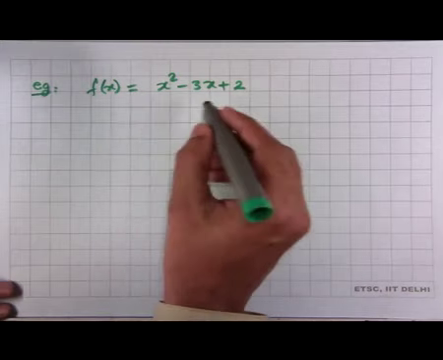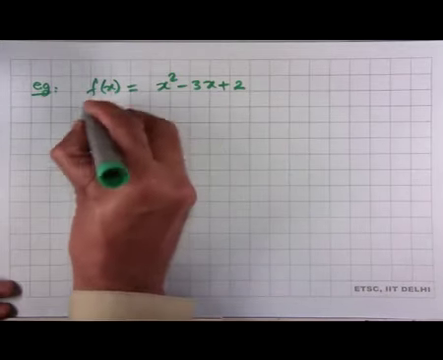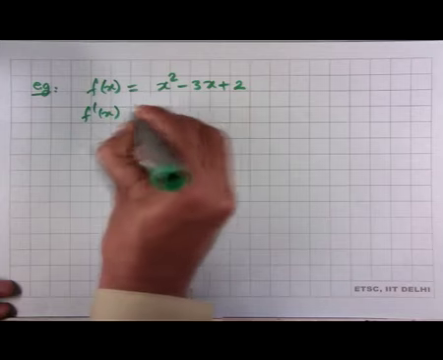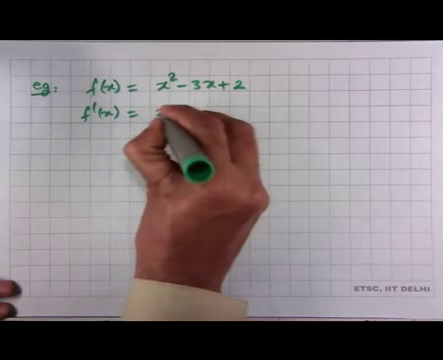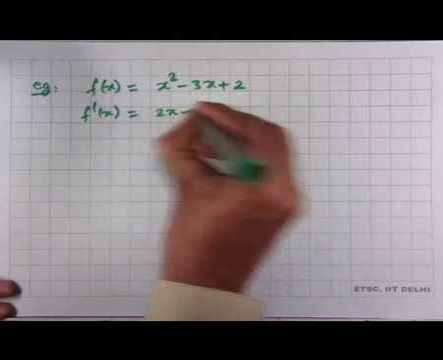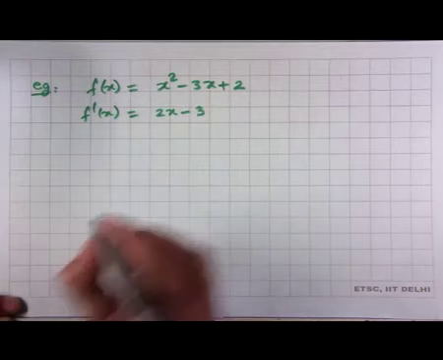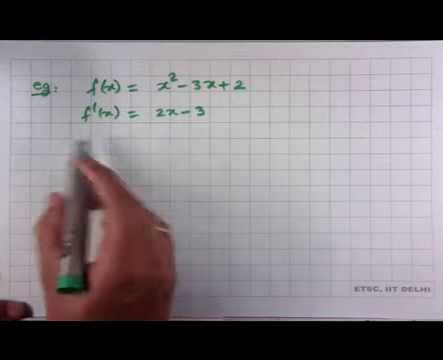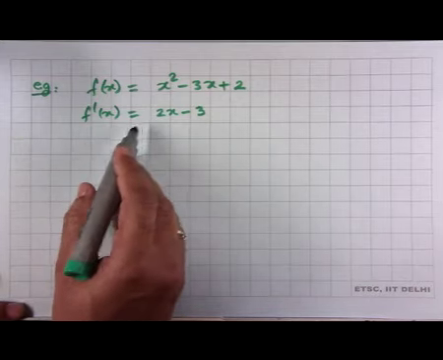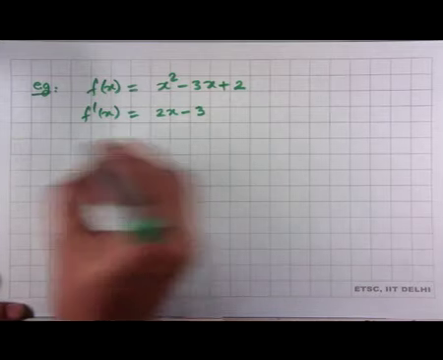So, this function, if I find the derivative f prime x, this is equal to 2x minus 3. Now, we want to look at the sign of this f prime x.